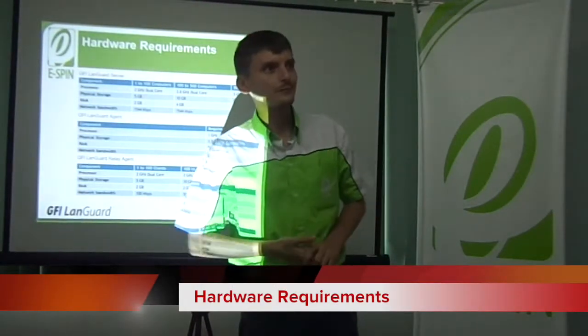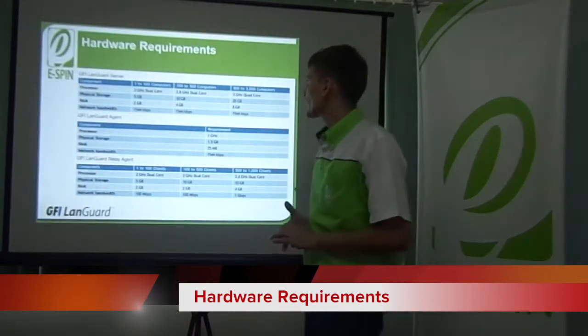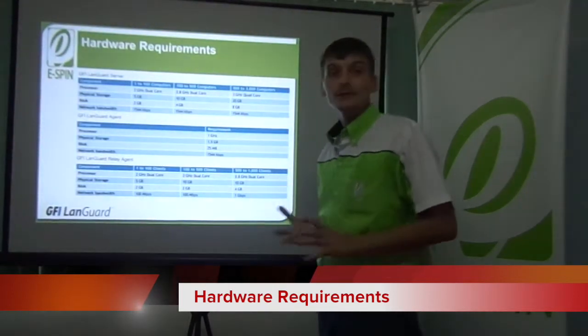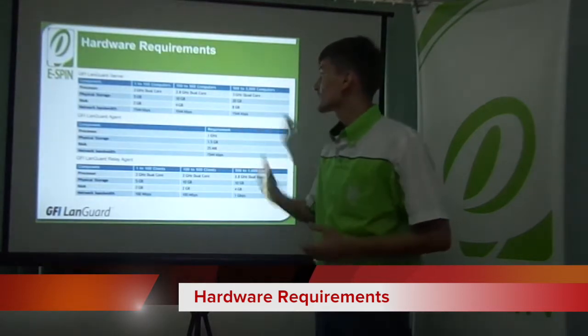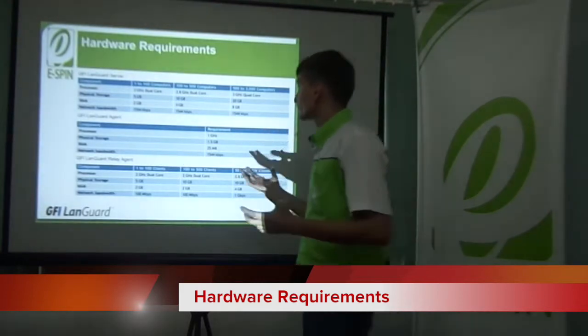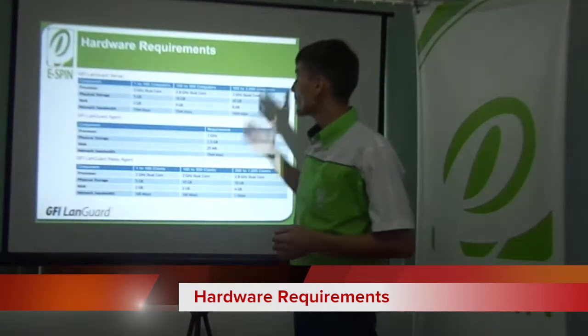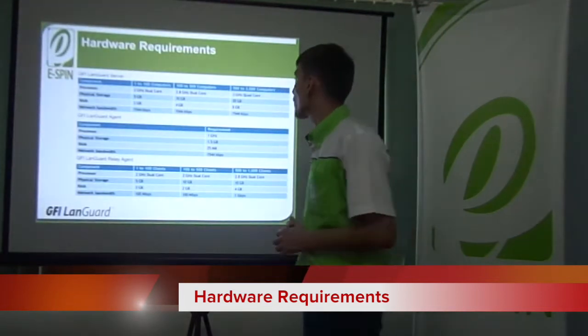Hardware requirements. As you can see on our board, these are the hardware requirements for the GFI LanGuard server. For the processor, if you have 1 to 100 computers, the minimum requirement is 2 GHz dual core.